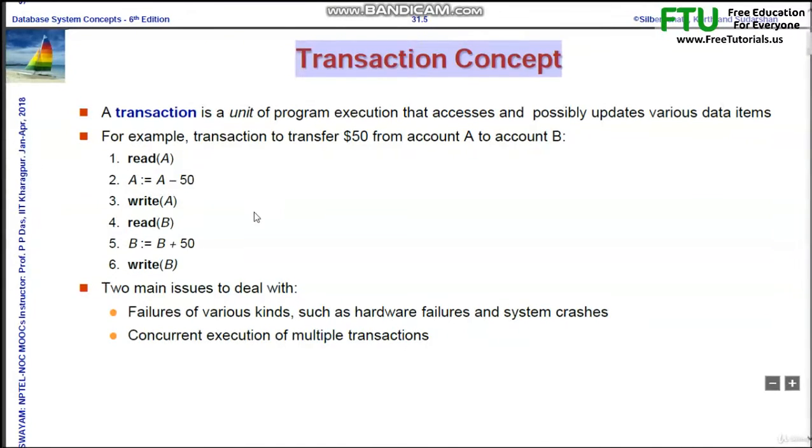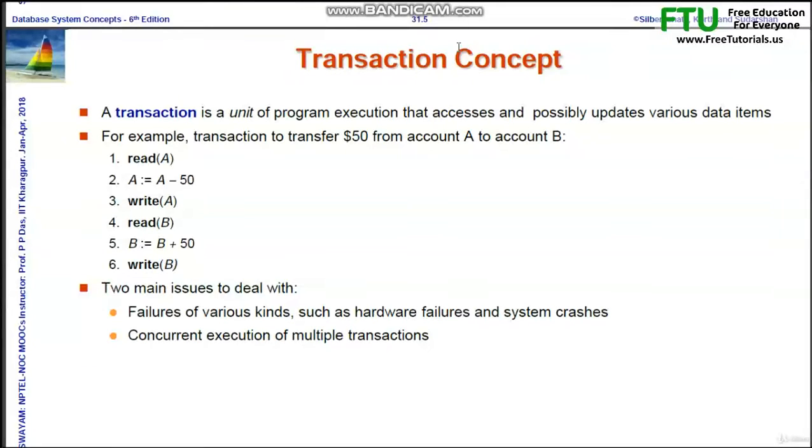Suppose you and your friend are doing a transaction in a bank. This transaction is the same as your bank transaction. Suppose in your account there is $100, and in your friend's account there is $10.